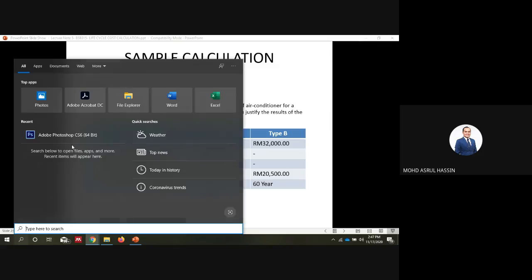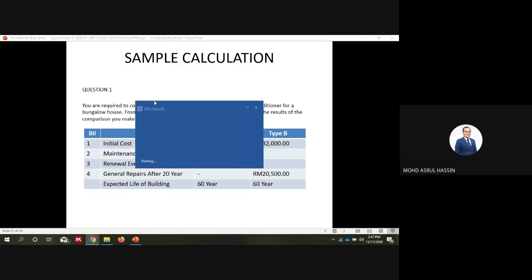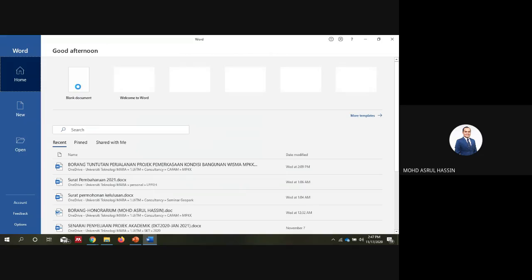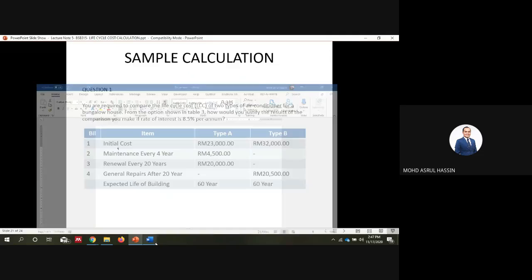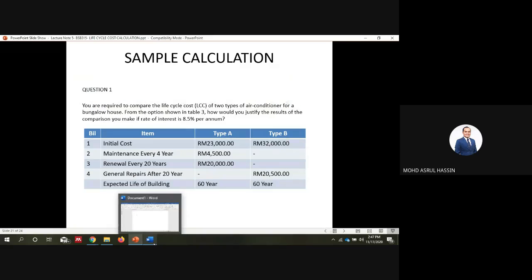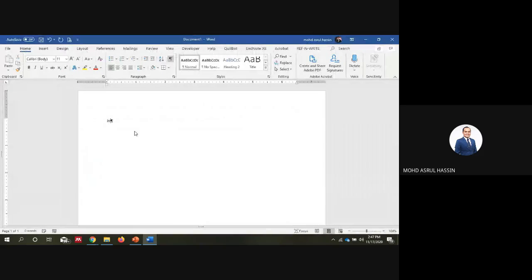So I show you how to calculate the number 1, the sample. Okay, we see the initial cost is RM 23,000.